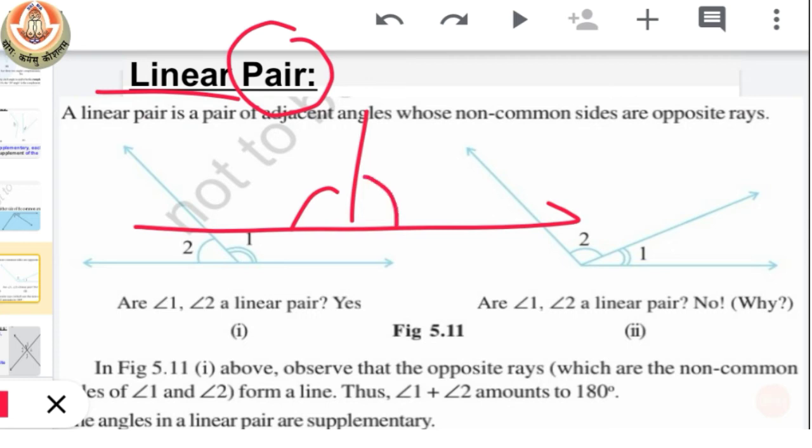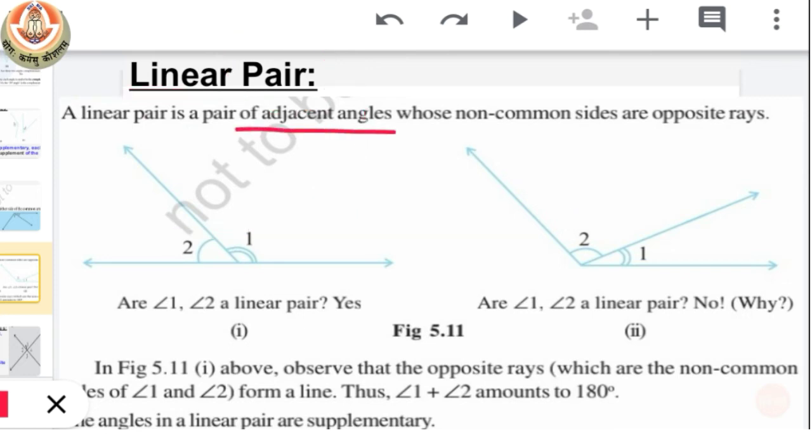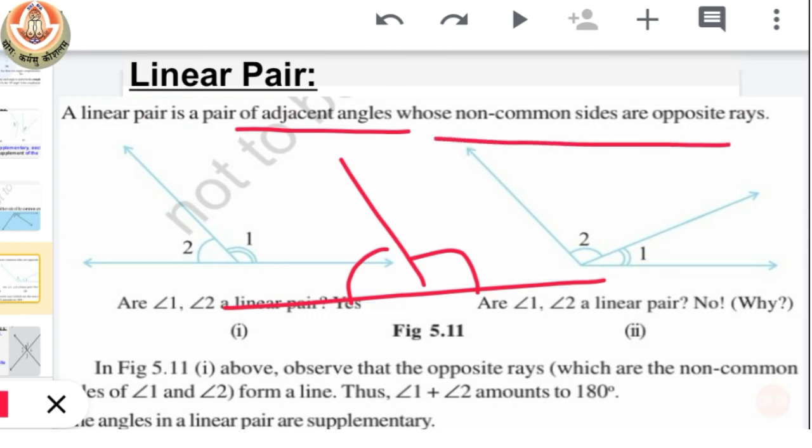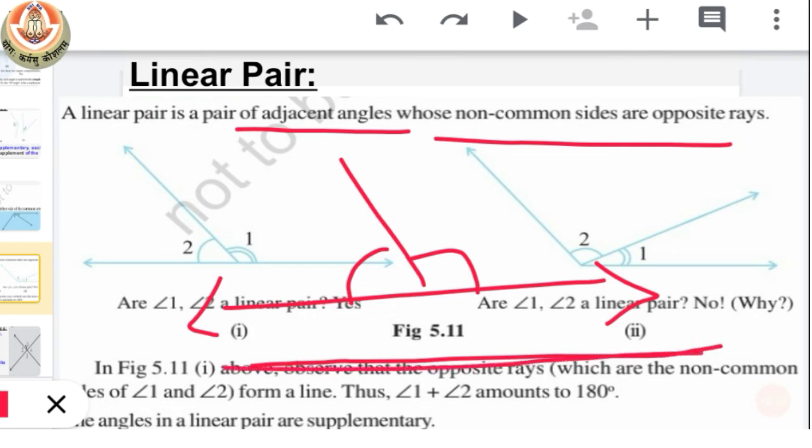Now, let's focus on its definition: a linear pair is a pair of adjacent angles. It means in a linear pair, the angles are adjacent and their non-common sides are opposite rays. Opposite rays means the non-common arms should make a straight line.